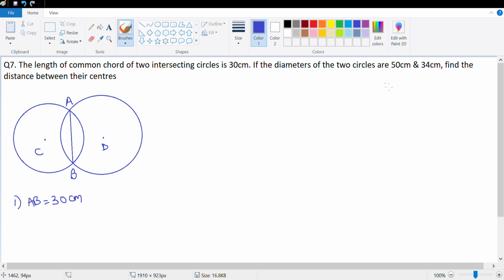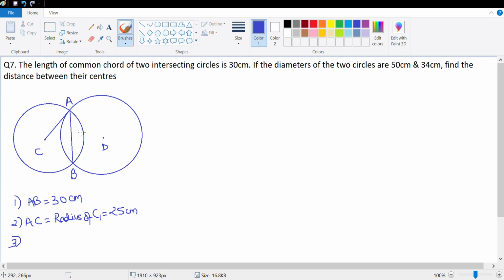If diameters of the two circles are 50 centimeter and 34 centimeter, we need to figure out the distance between their centers. Okay, so what is given is AC is equal to radius of circle 1 is equal to 50 upon 2, which is 25 centimeter.